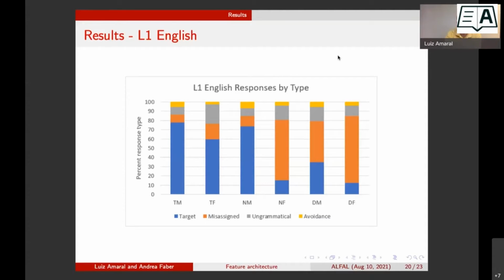But what they rely on, the productivity of the morphology, is actually quite different, right? And then we have to explain and say, okay, if we try to describe their interlanguage using a feature reassembly approach, how does it help to have that type of configuration of features there, right?